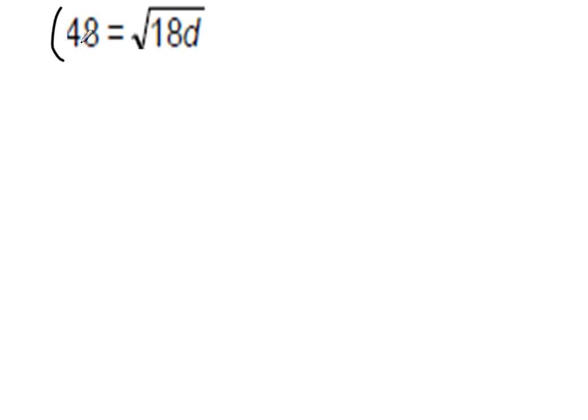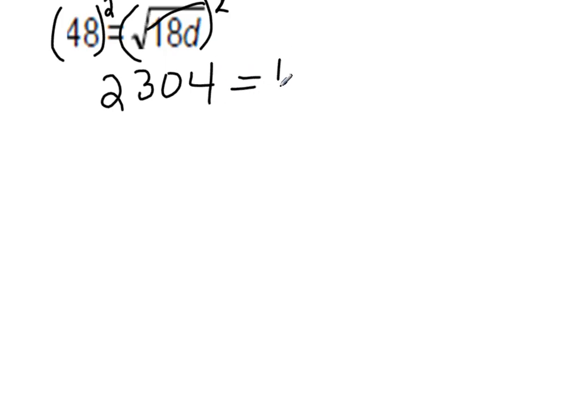So I'm going to square this side, and I'm going to square this side. And remember, when we square the radical, those cancel out. So I have 2,304 equals 18d.